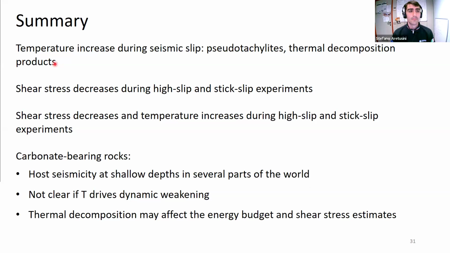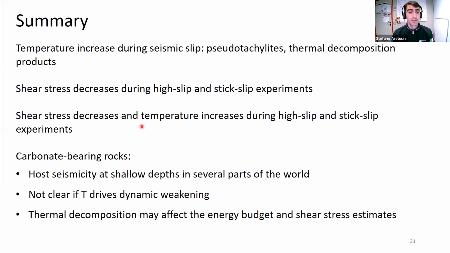In fact, if we want to summarize this part, the temperature is increasing during seismic slip. We have a wide number of evidences. At the same time, high slip and steep slip experiments both show that shear stress is decreasing, so the dynamic weakening is associated with fast slip rates. And in some cases, we can also have direct evidence that temperature is increasing and can be related to dynamic weakening.